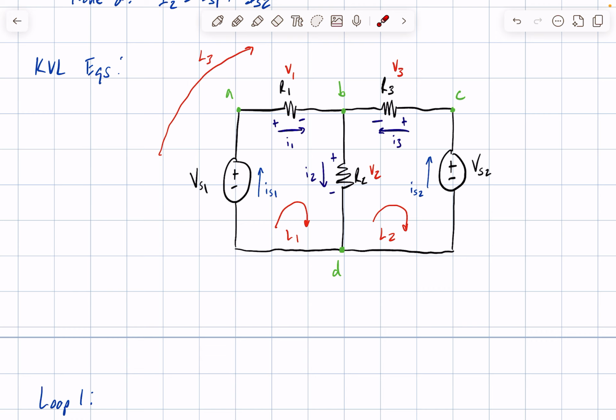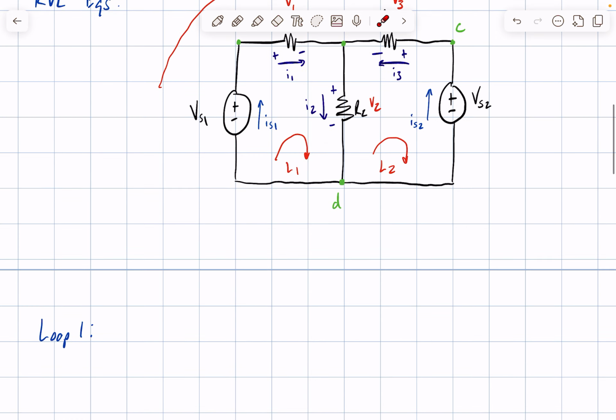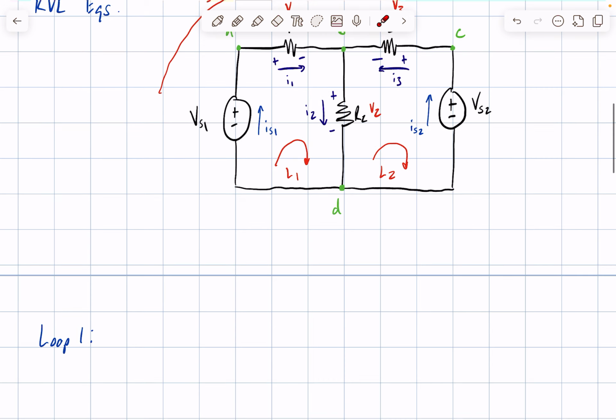We'll be starting at a negative voltage potential, then hit a positive voltage potential for V1, and then a positive voltage potential for V2. So we can say negative VS1 plus V1 plus V2 is equal to 0. We can rearrange this equation to say V1 plus V2 is equal to VS1.